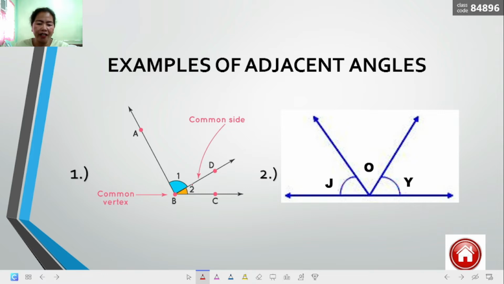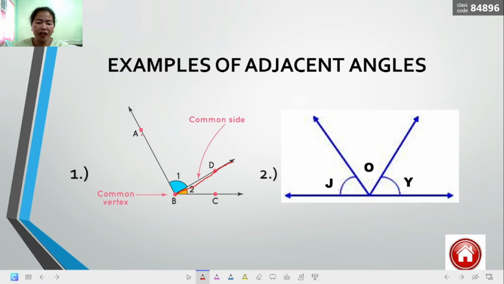The common side which is being illustrated here is side BD, which is a side of angle CBD, and this is also one of the sides of angle ABD.